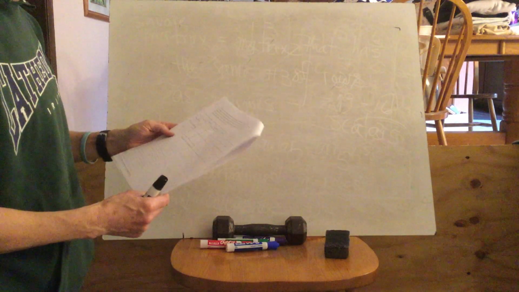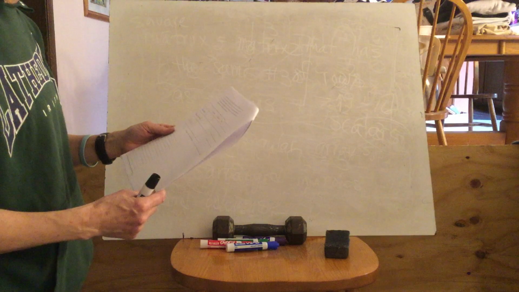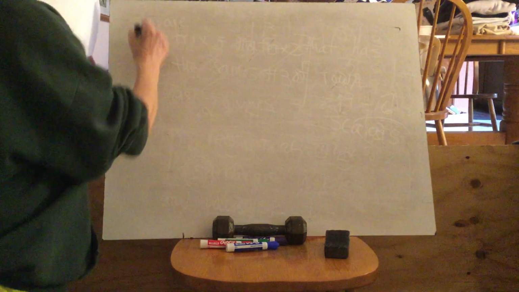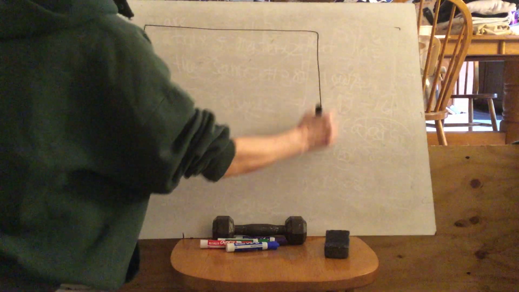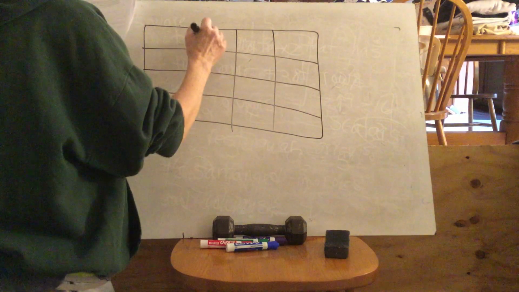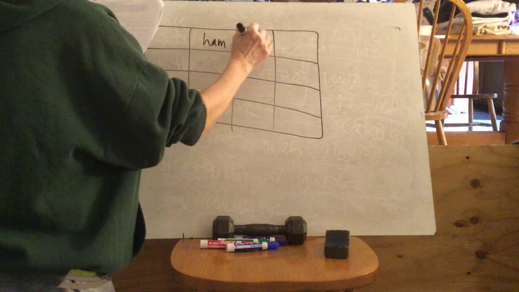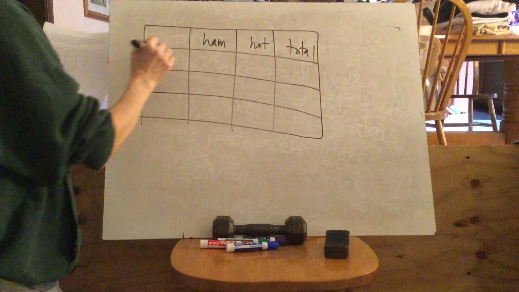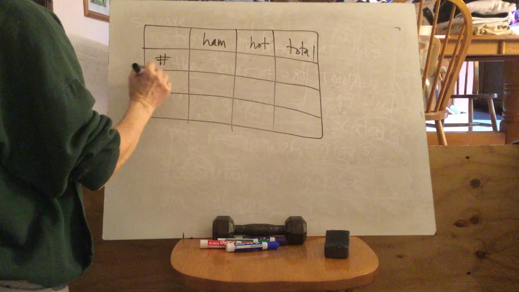All right, next we've got our big linear programming problem. Okay, so this one, I'll go ahead and set up the chart. You have the chart. We got hamburgers, we have hot dogs, total, we have number, fixed interval.